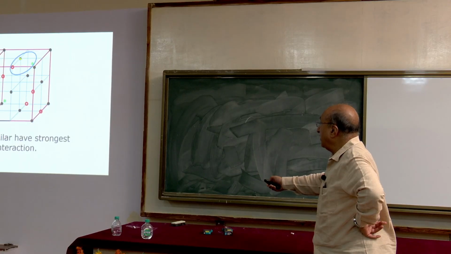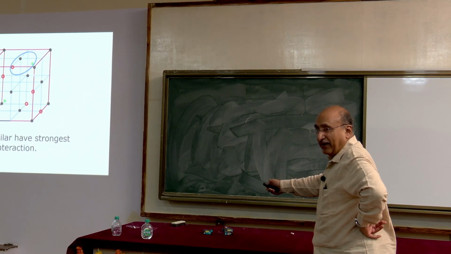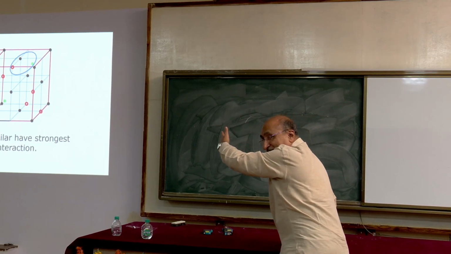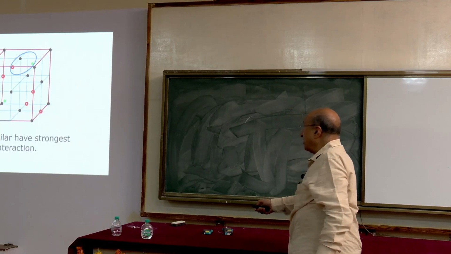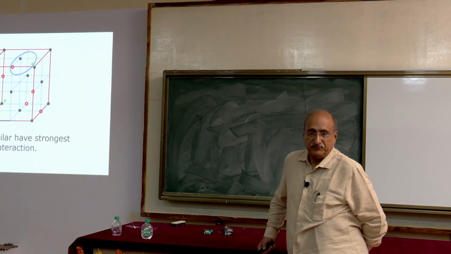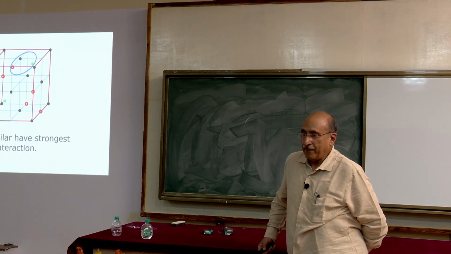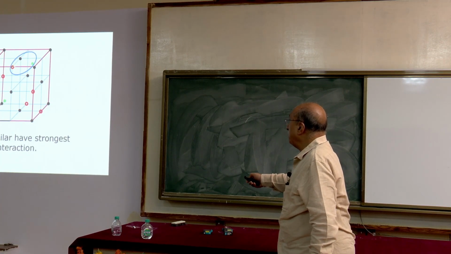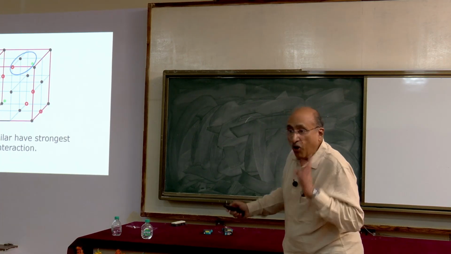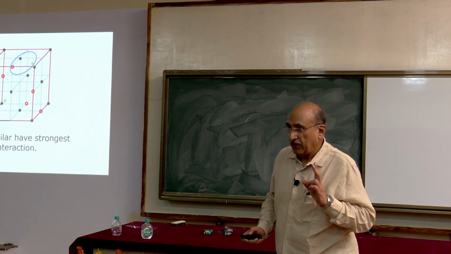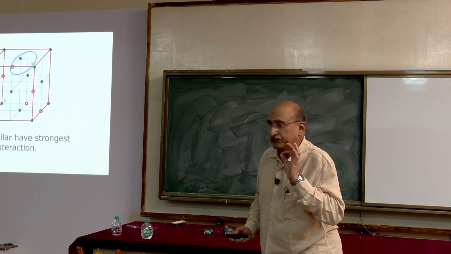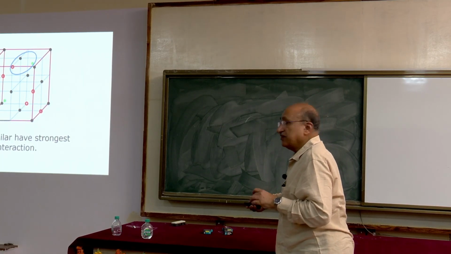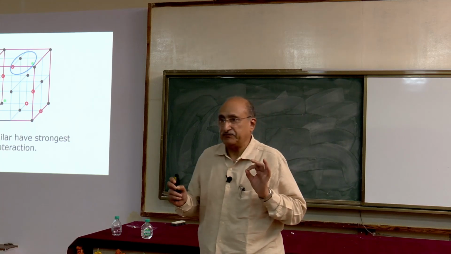This angle does not look like that angle, but remember that's away, that's the other side. This angle turns out to be 125 degrees. Okay, the angle between BO and AO bonds is 125 degrees. The strongest exchange interaction.